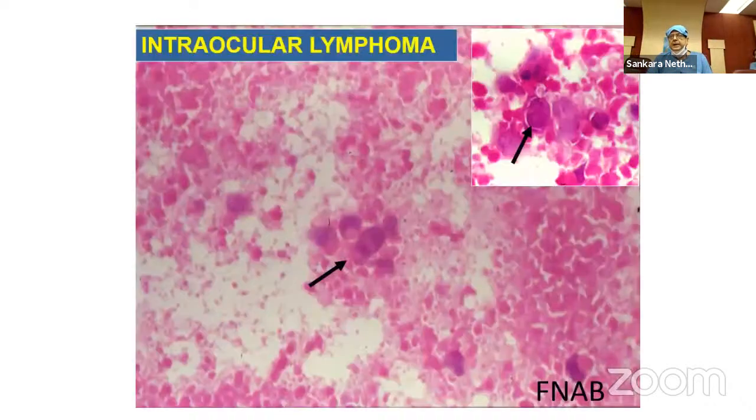We did a fine needle aspiration biopsy, which is the last resort, and we found within the necrotic background large lymphoma cells, with hyperchromatic nuclei and scanty cytoplasm. This is indeed intraocular lymphoma, but not posterior uveitis.